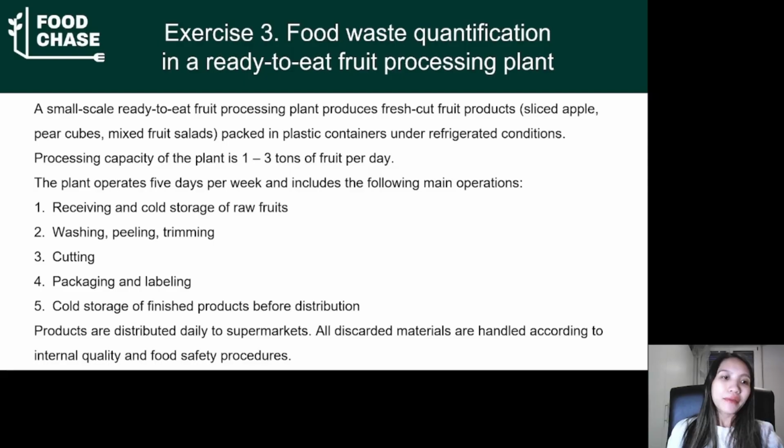The next step is cutting, and then we have packaging and labeling. And finally, cold storage of finished product before distribution. The products are distributed daily to supermarkets. All discarded material is handled according to internal quality and food safety procedures.